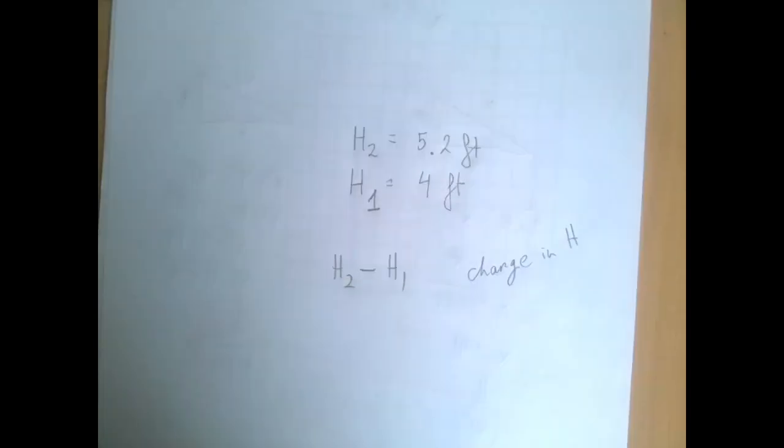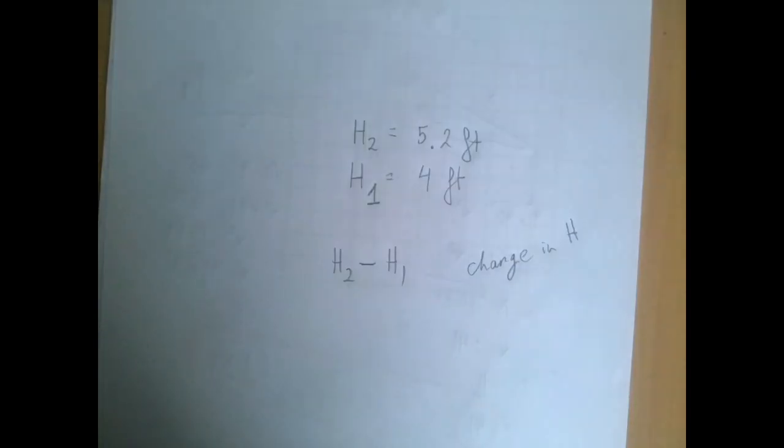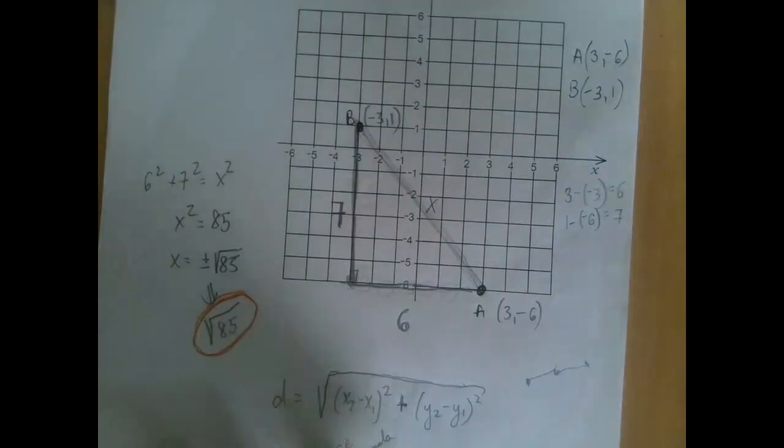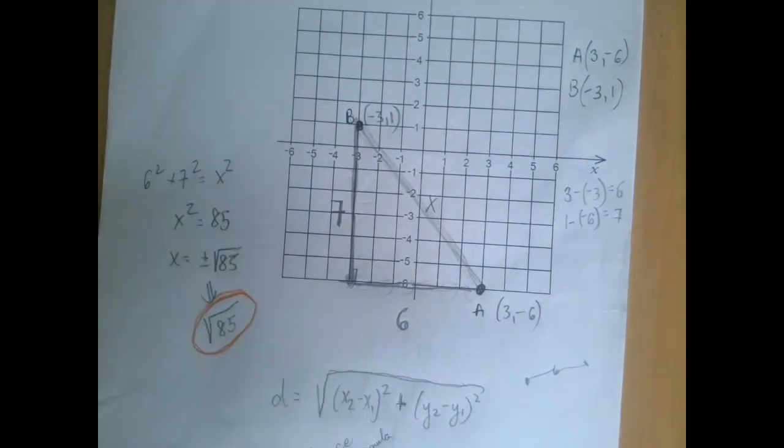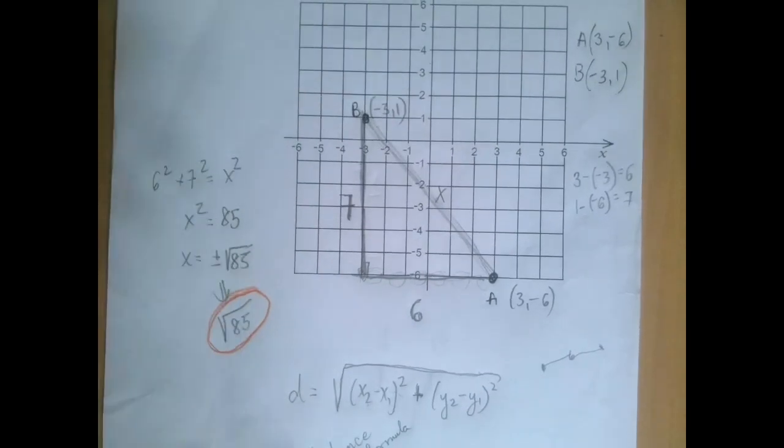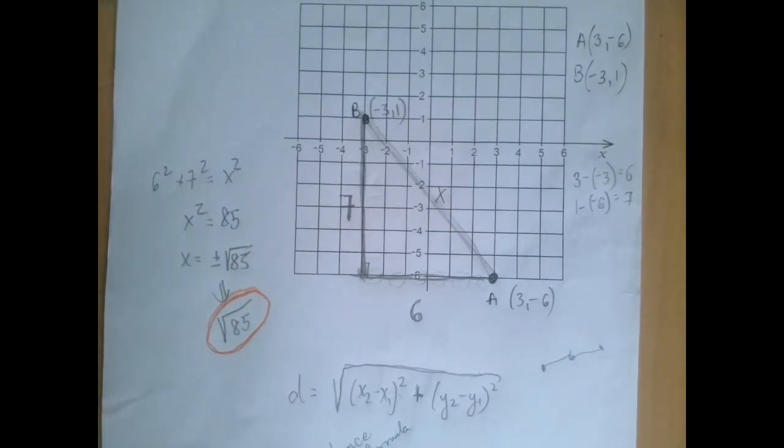You will see a lot in physics. Change in temperature is always the second temperature minus the first temperature. So change is expressed in this way, and that's what we see here. Of course, it doesn't matter because we square it right away in the distance formula. All right, that's it. Thank you for watching.